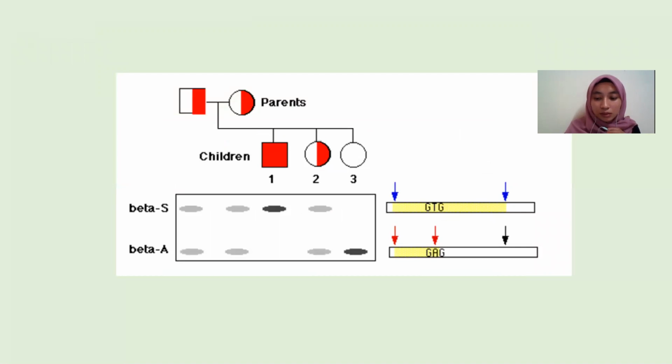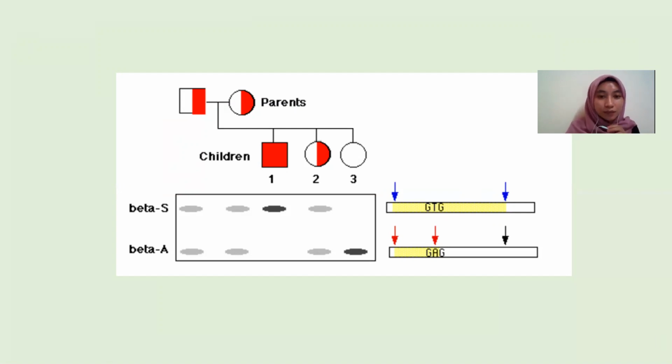When the normal gene, which is beta A, is digested with the enzyme and the fragments separated by electrophoresis, the probe binds to the short fragment, which you can see as the yellow mark between the red arrows. But when we have a substitution of T, the probe cannot bind to the sequence anymore, so it will produce a longer fragment, which you can see between the blue arrows.